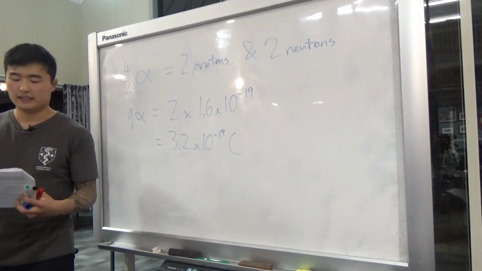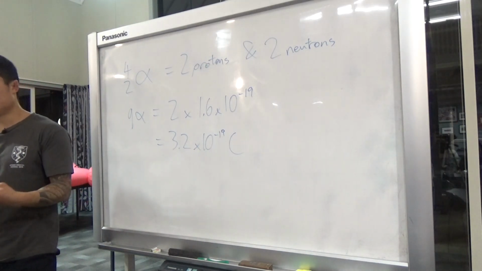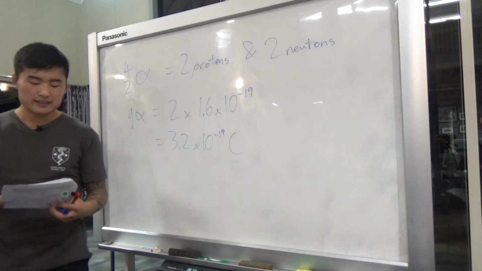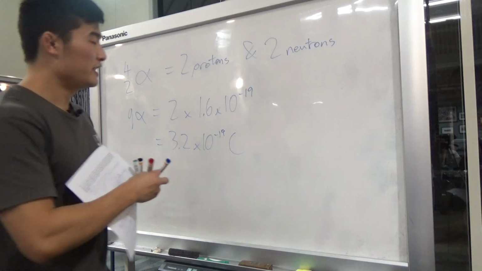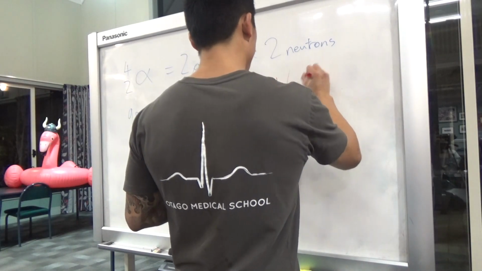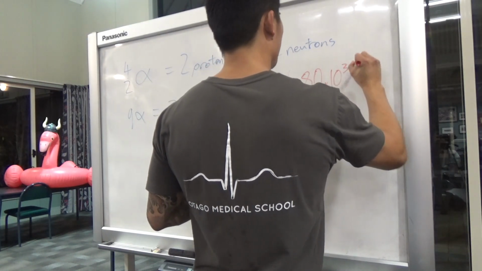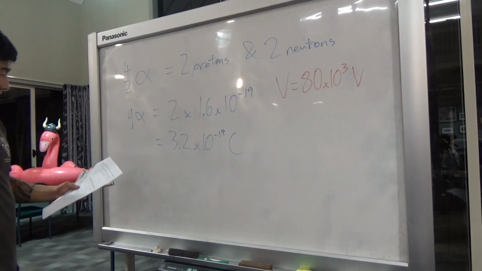Because if you read it fast and you're in a rush, it can be quite easy to make the mistake. Okay, so here our change in voltage. So our voltage is 80 kilovolts, so 80 times 10 to the 3 volts. And we want to find out the kinetic energy.